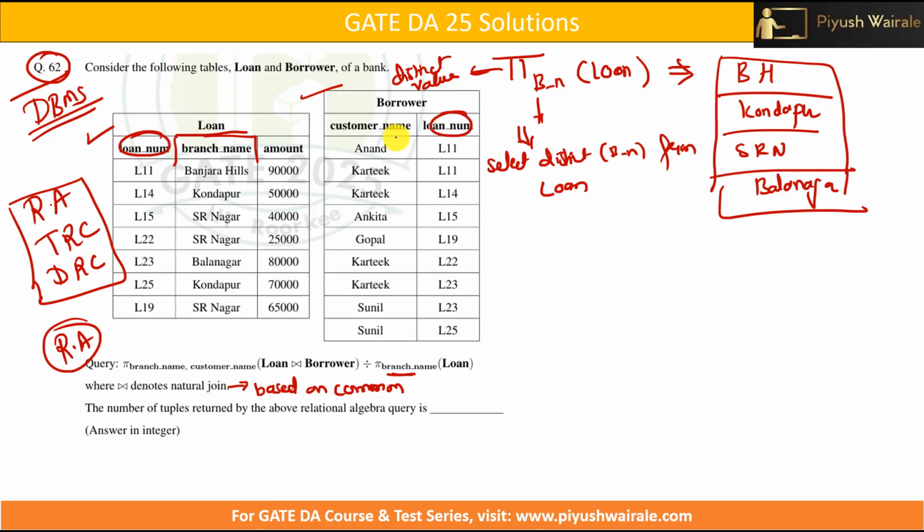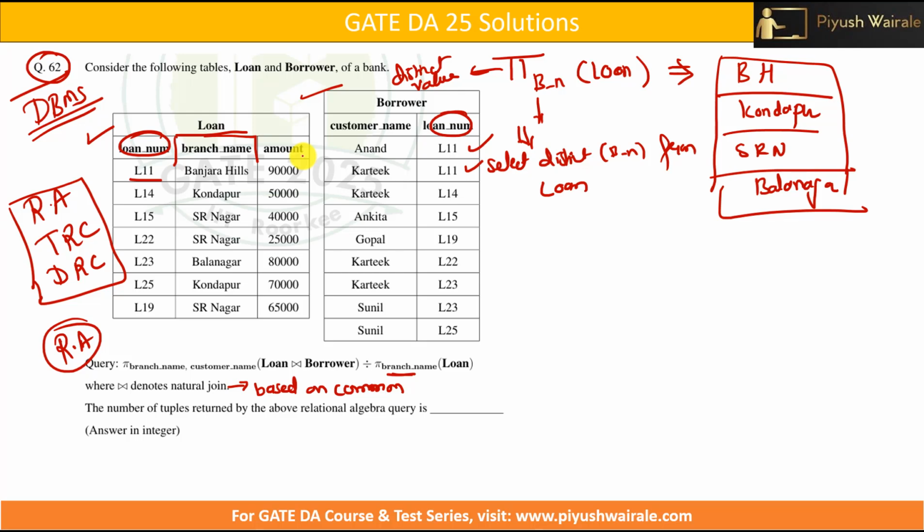Loan number. Now you can see this L1 is going to join with this L1, so we will get L1, Banjara Hills, 90,000, Anand, and again L1, Banjara Hills, 90,000, Karthik. These two new rows we get after the join operation.